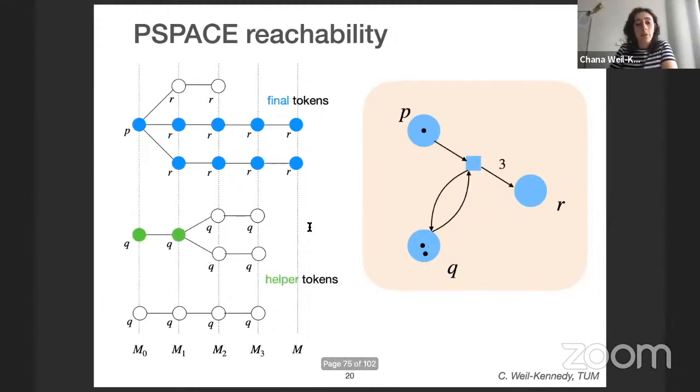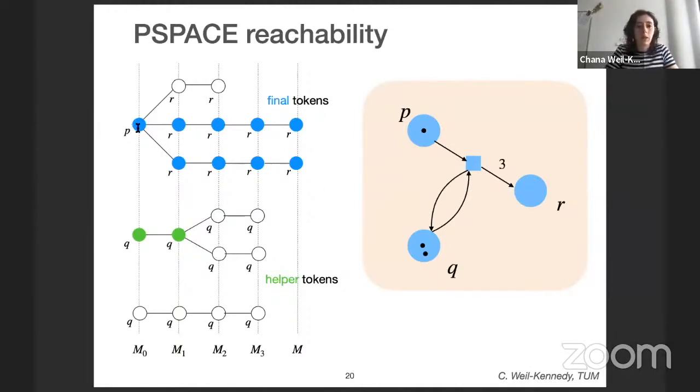The second type we identify is, so they're in fact not tokens, but token moments, tokens at a moment in the history. So these are the helper tokens. Now the helper tokens are morally the tokens which allow the rest of the history to happen.